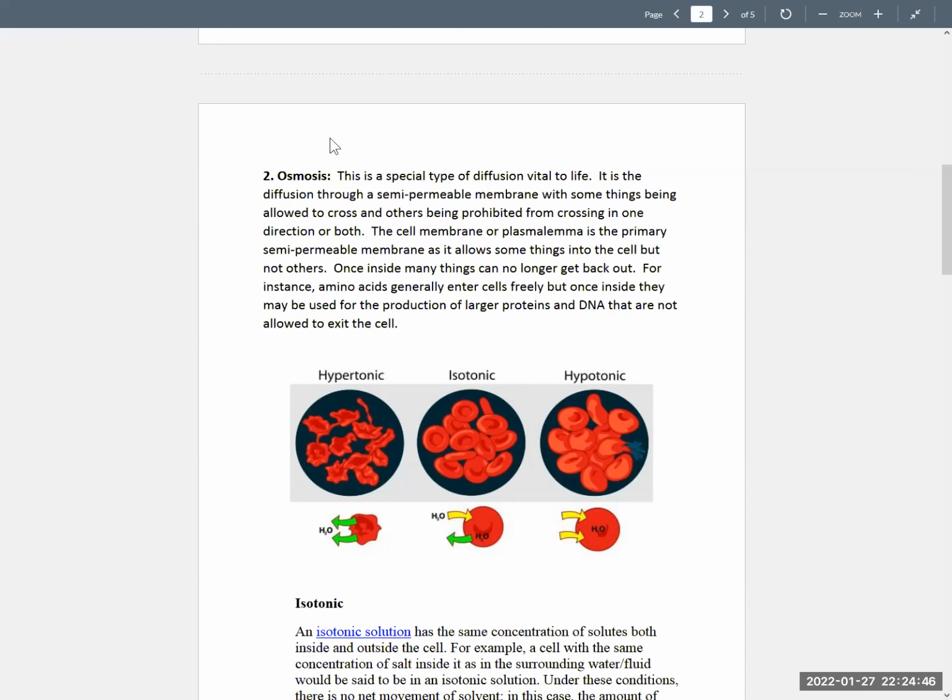The most common membrane that we can think of, of course, is the cell membrane, the plasma lemma. And so we have water being able to go from where it's more concentrated to the side of the plasma lemma where it's less concentrated. We have solids often able to go from the side of most concentration to the side of lesser concentration. I said, usually.